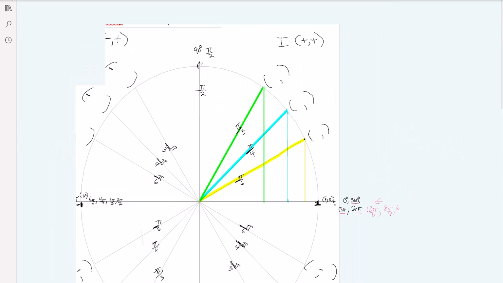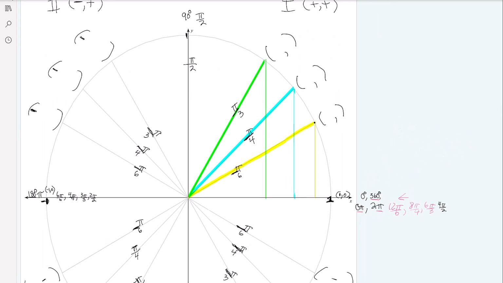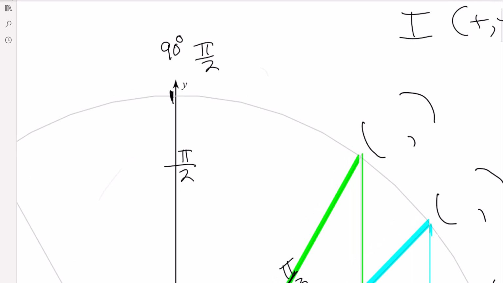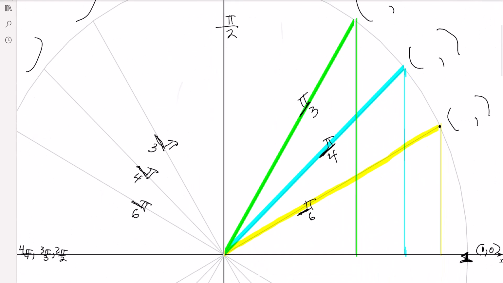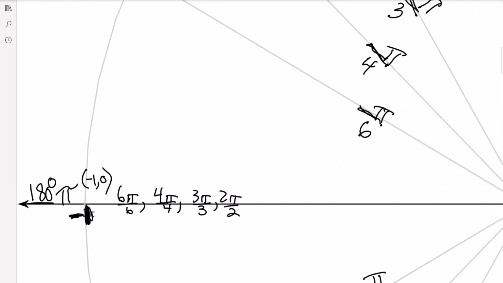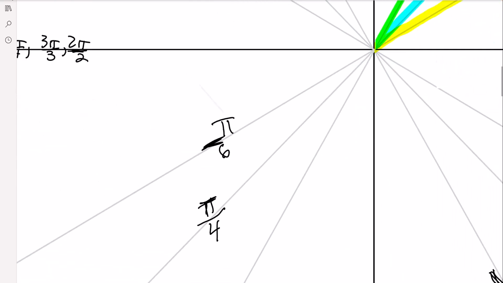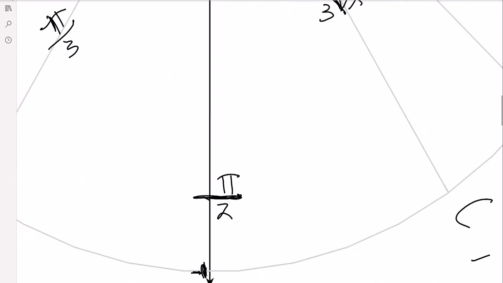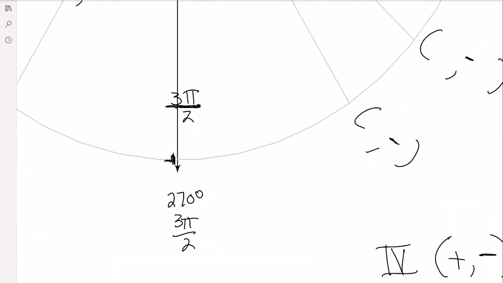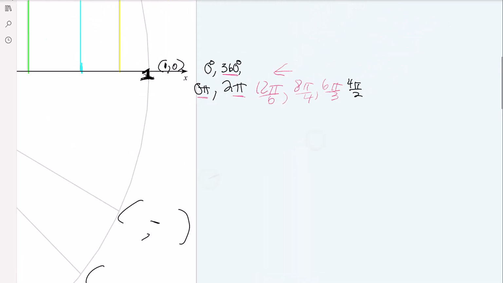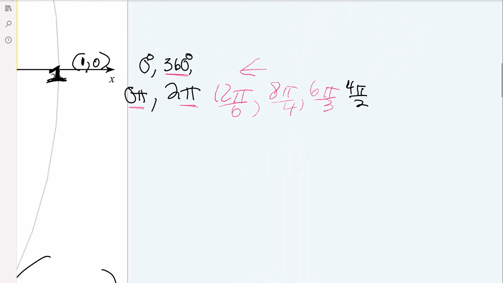Well, if this is 1 pi over 2, up here, if we go another 90 degrees, that's 2 pi over 2. Then we go another 90 degrees, that will be 3 pi over 2. So 270 degrees is 3 pi over 2. And then when we go all the way around the circle, we're back to 4 pi over 2.